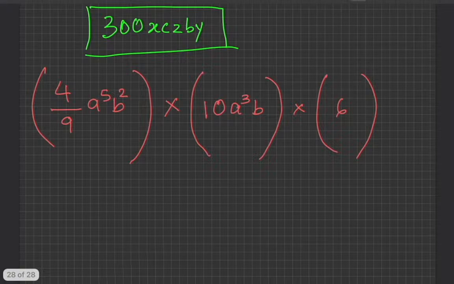Okay, let's try. Multiply the numerical coefficients, that is 4 by 9 times 10 times 6. Correct?